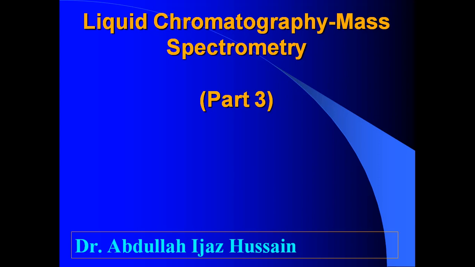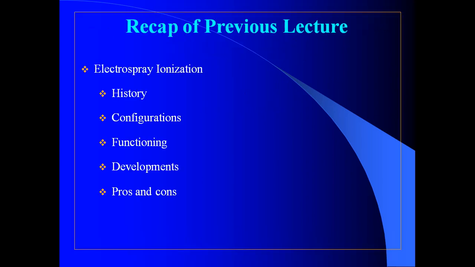Assalamu alaikum. We are discussing LCMS instrumentation, and today is the third lecture of the sequence. In the last lecture, we discussed the ionization modes and especially electrospray ionization, its history, configuration, functioning, developments and advancements, and also its advantages and disadvantages.